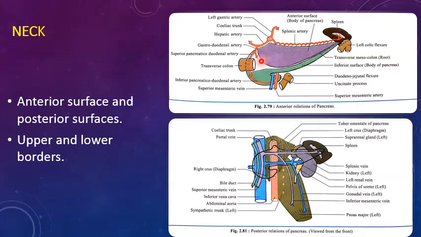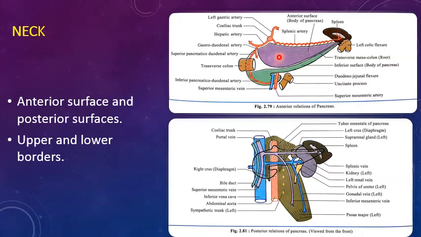The direction will be forwards, upwards and to the left. You can see that it is running towards the left side, right? This is because the head and the body meet at an angle. So the direction of the neck will be forwards, upwards and towards the left.